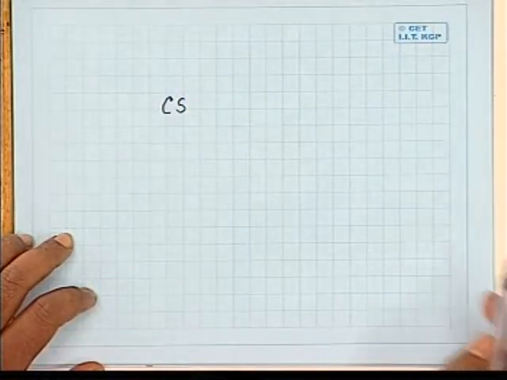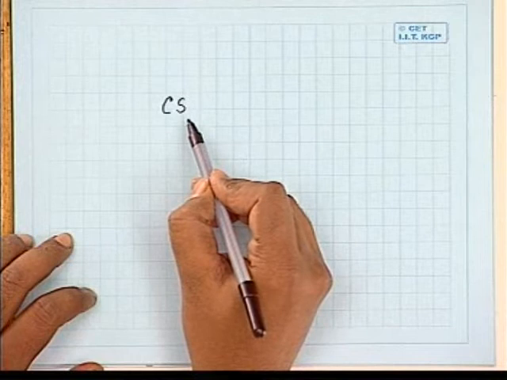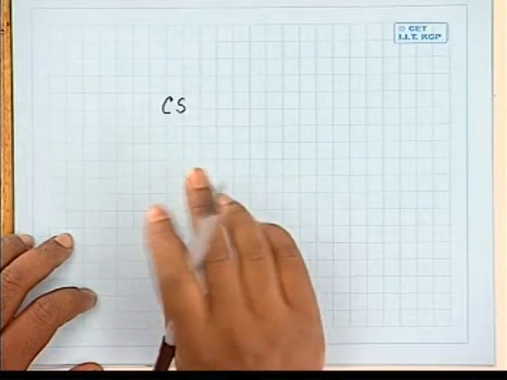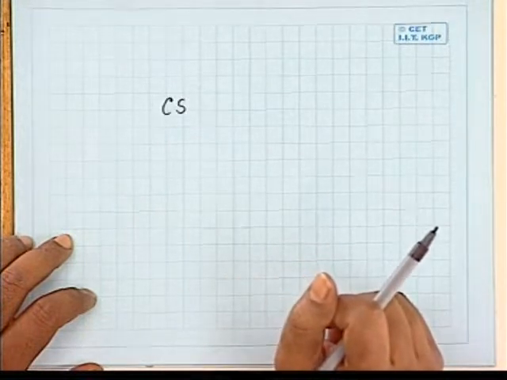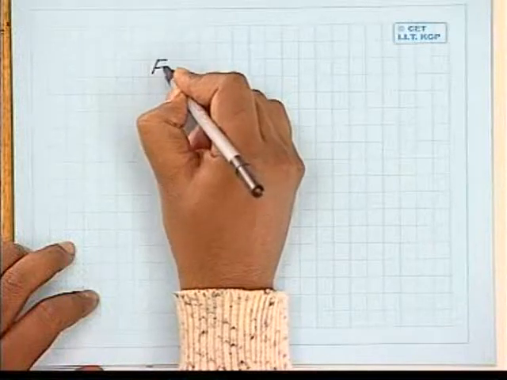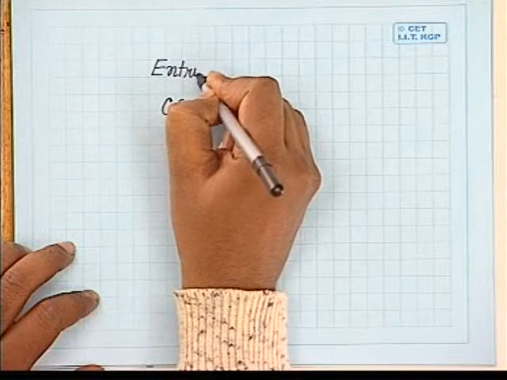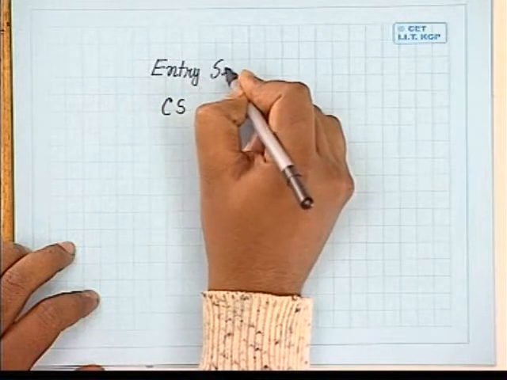For any process, before the process enters into the critical section, there must be some additional job to see whether the process can enter into the critical section or not, or when the process can enter. That decision has to be taken by another part of the code, which is called an entry section of the critical region. So this is called the entry section.